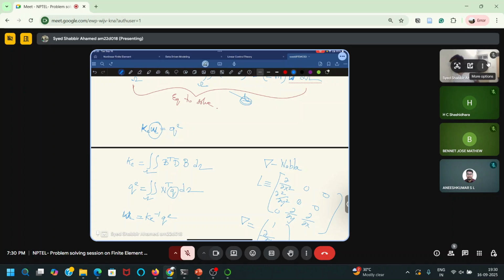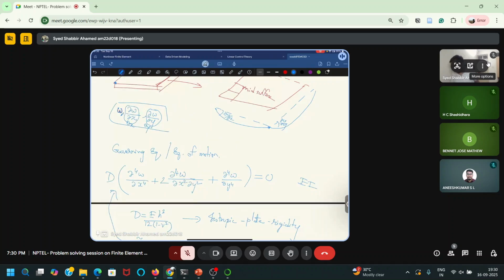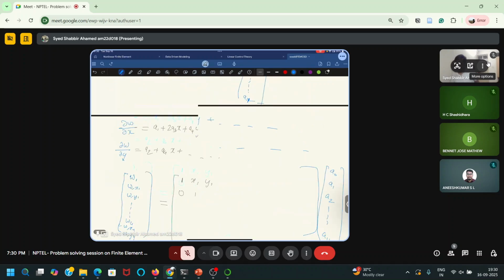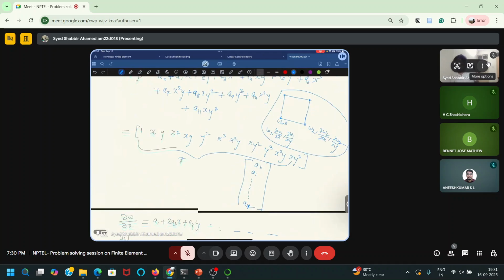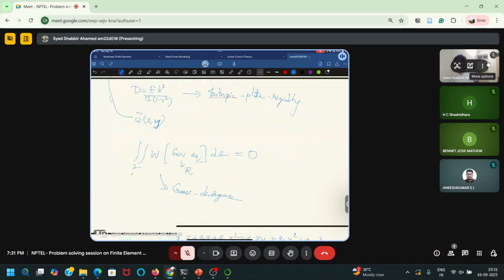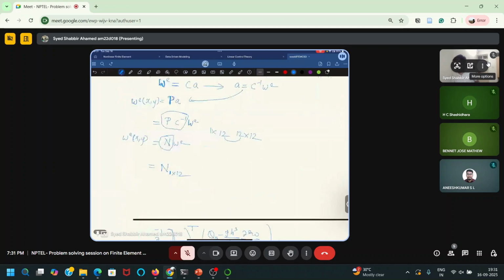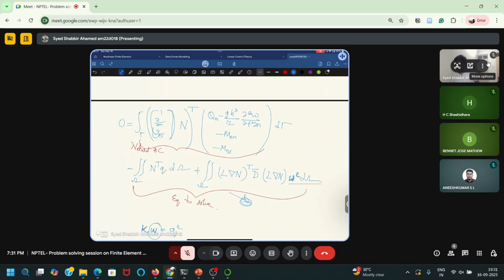You have a differential equation which you have to solve. In this case, this is the governing equation of the plate. You do the weighted residual and apply the Gauss divergence theorem. Then you will get a weak form. So this is the weak form.